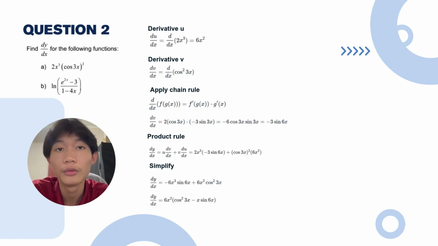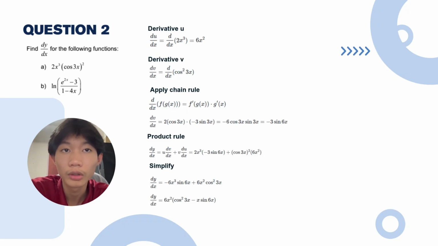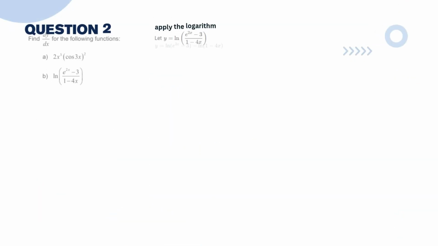Lastly, we simplify the answer. dy over dx equals negative 6x cubed sin 6x plus 6x squared cos squared 3x, which is 6x squared times cos squared 3x minus x sin 6x, as the final answer.